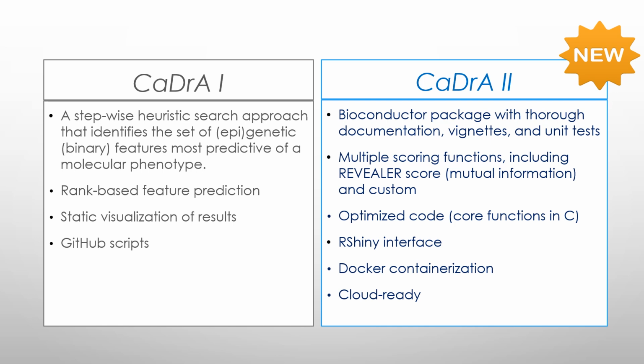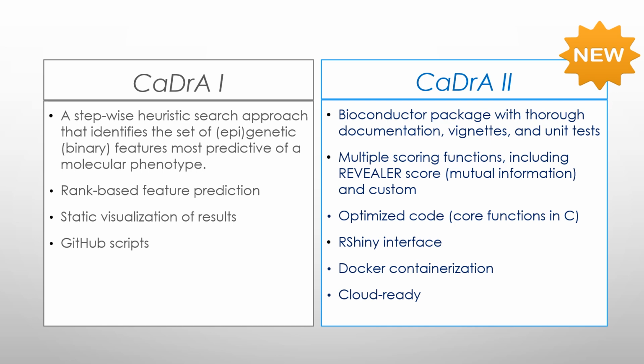In the first implementation of CaDrA, it only supported rank-based scoring functions, such as the KS test or Wilcoxon test. It was only available as a set of scripts downloadable from GitHub with minimal documentation, no QA or Bioconductor-compliant structure.